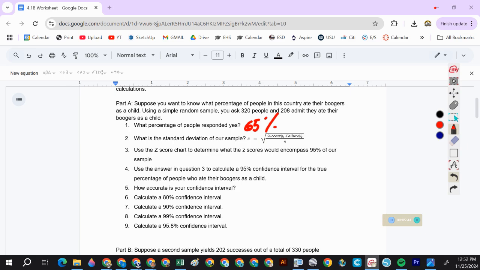Okay. So, we need to calculate the standard deviation of this so that we can calculate z-scores. But this was just a yes-no question. So, how do we find the standard deviation for categorical data? Well, we use the formula, and I've given it to you. The percentage of successes times the percentage of failures divided by the number of people you talk to.